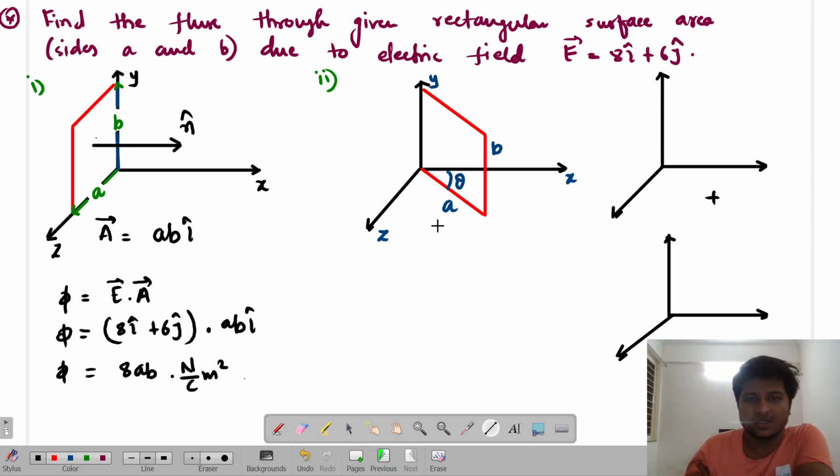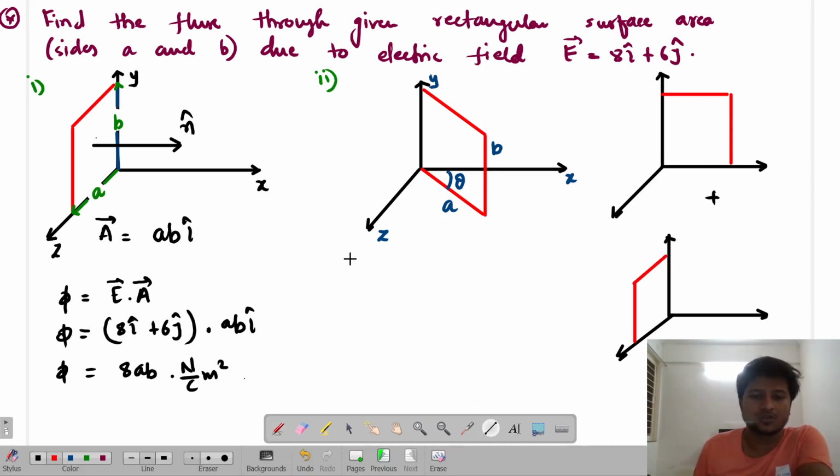For this area, one component will be along the xy plane, so one in the xy plane, meaning I'm trying to take the component of area, and one along the YZ plane.